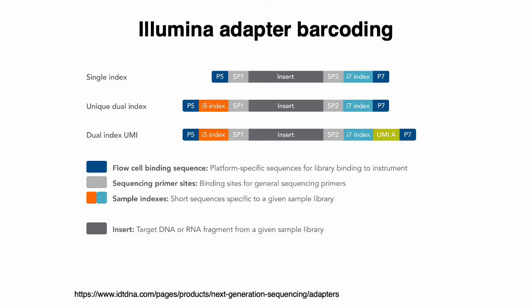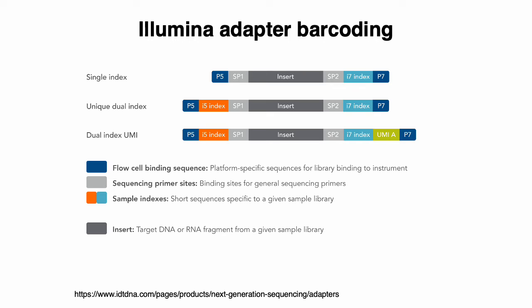So the difference between a single index and a unique dual index adapter for Illumina is that, in theory, your sample index, your I7 index, is all you would need to identify which sample your read came from. But the problem that people noticed after using the single index adapters for a while is that when you multiplex multiple samples together, you actually end up getting what's called index hopping.